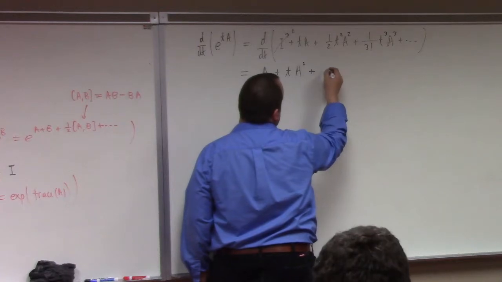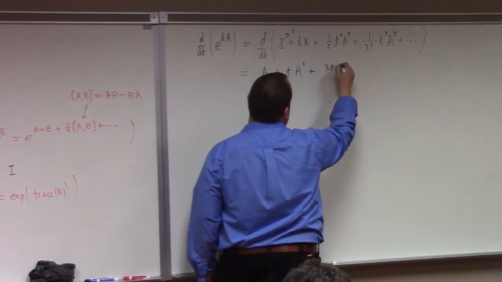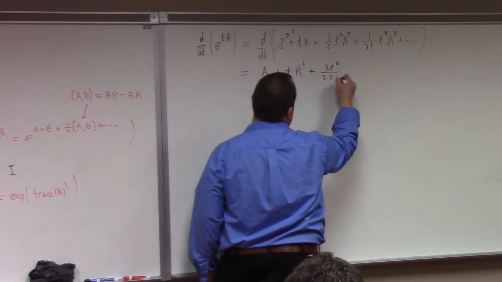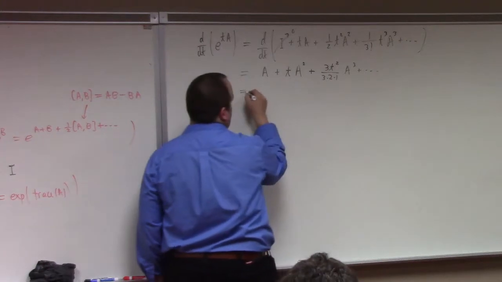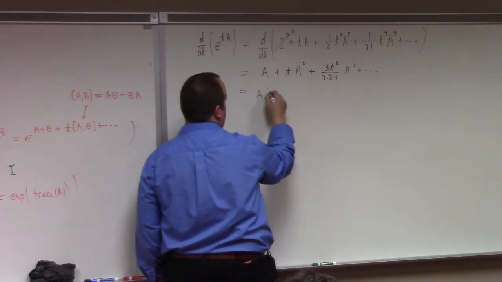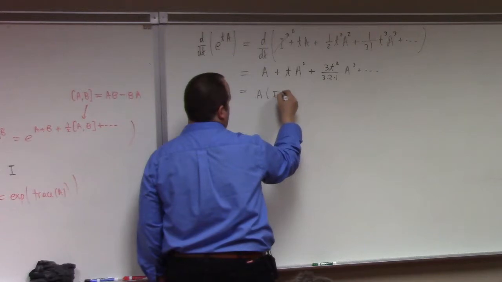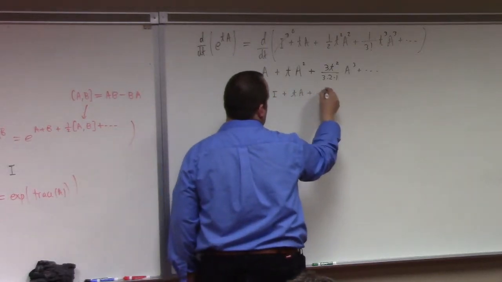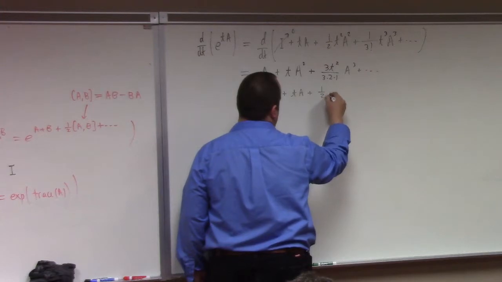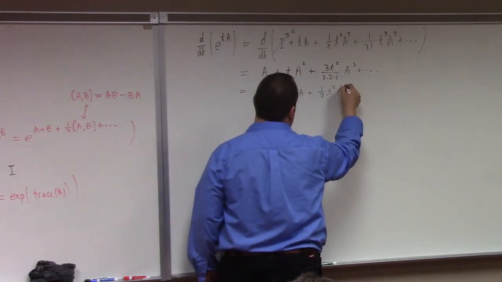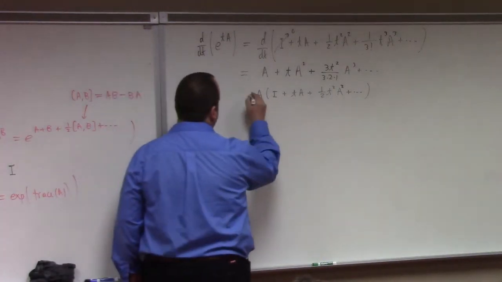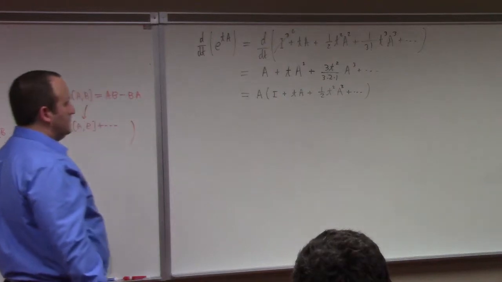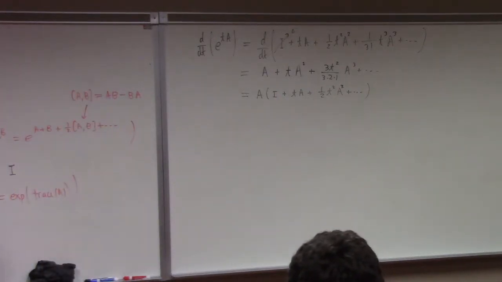Then we get plus 3t squared over 3 times 2 times 1, that's 3 factorial. So I can rewrite that as A times I plus tA plus, the 3's cancel, 1/2 t squared A squared, because I factored out the A. What's that?